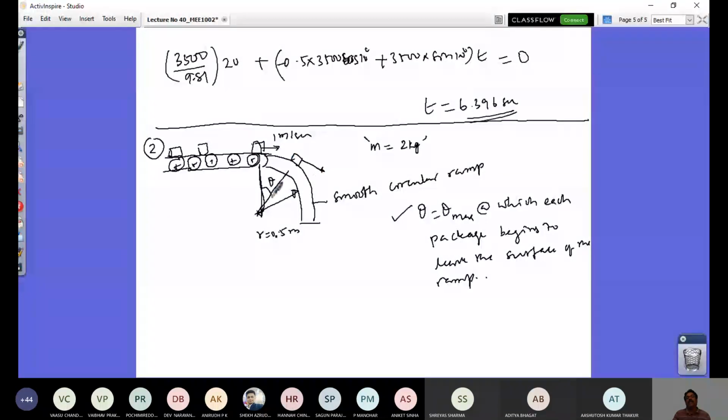What is the angle theta maximum at which the package delivered at 1 meter per second will leave this? That is what is asked. The mass of each package is given as 2 kg. So that's the question. How do you start solving this problem?